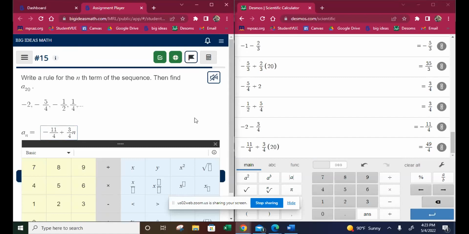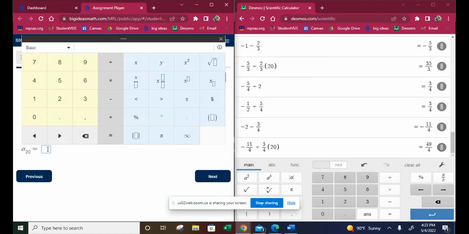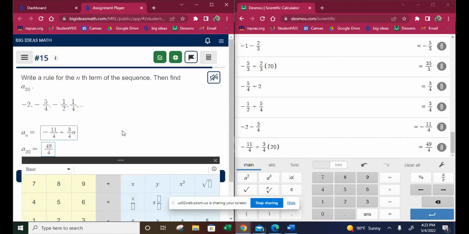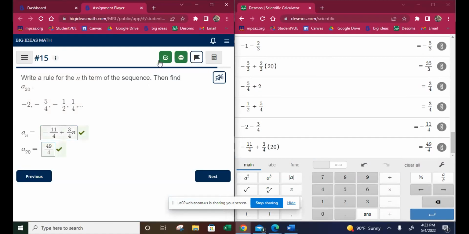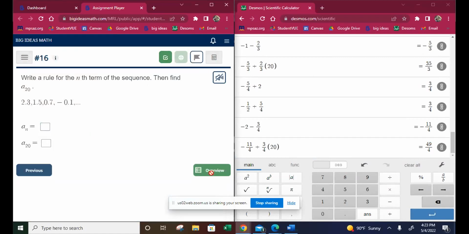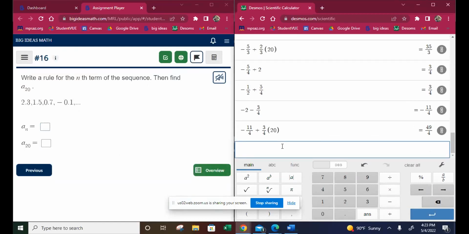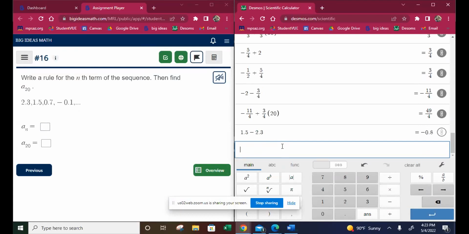If it'll take, yeah, maybe convert that. Sometimes it'll take it. It looks the same.